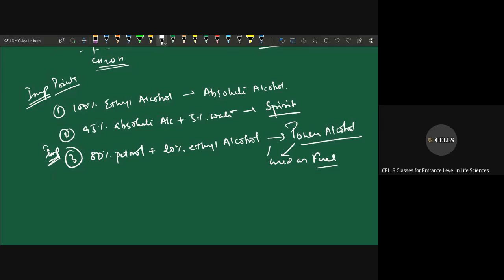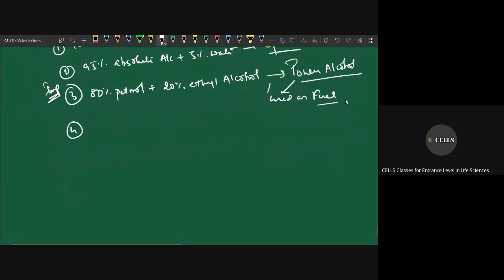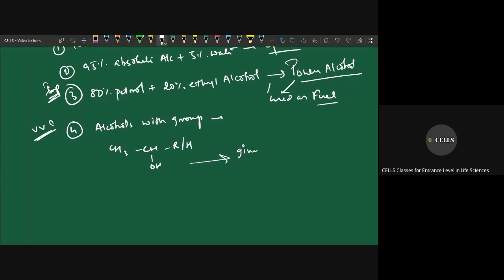Now, 4. Alcohols, see this very carefully. This is a very important point. Alcohols with this group, suppose we have an alcohol like this, with any R group or H, they actually give the haloform test.